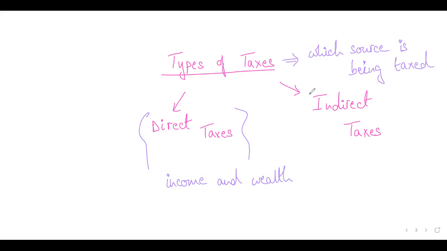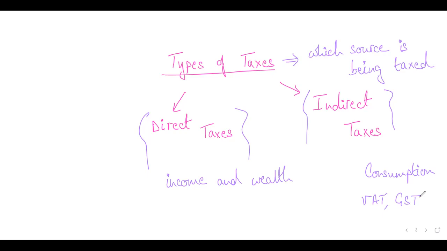Indirect taxes, on the other hand, are imposed on consumption. When you go and buy something from a retail shop, you will see in every country there will be GST, general sales tax. That's an indirect tax. VAT, value added tax, is also an example of indirect taxes. Direct taxes include income tax.